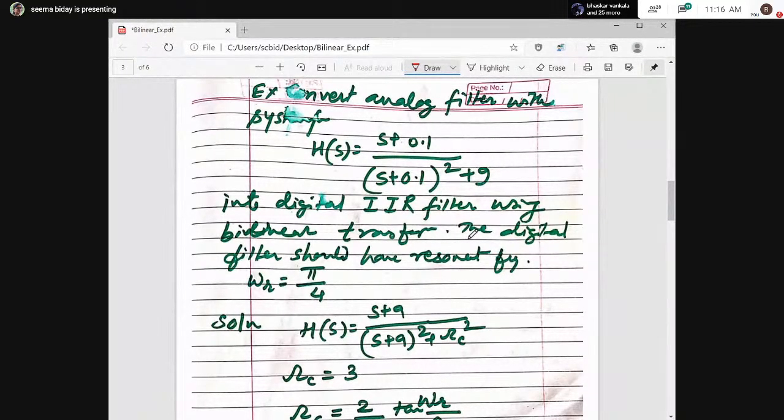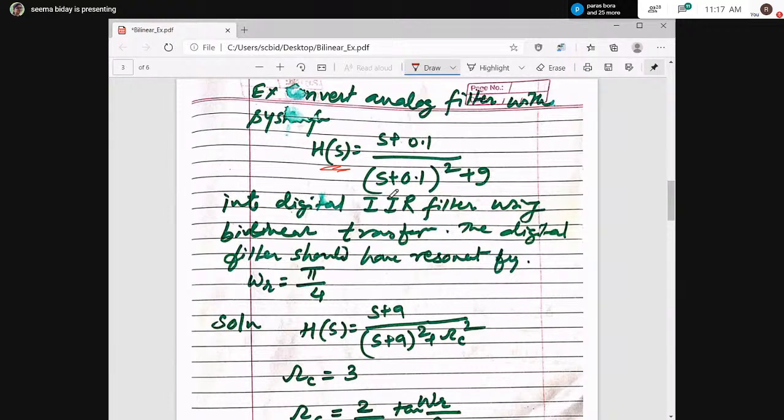What is given in this example? You are given H of s, which is the transfer function of the analog filter. Whenever s is there, it means the Laplace domain, and the Laplace domain works in analog, continuous time systems. Parallel to s, in the discrete time system is z.